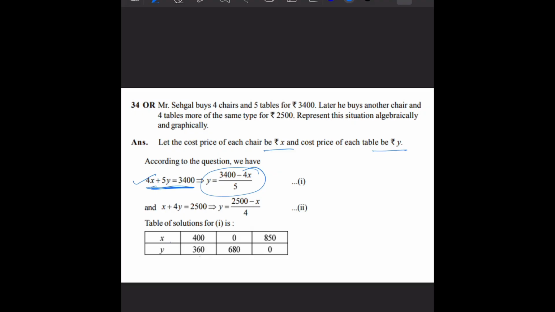For the second condition, he buys another chair and 4 tables more. So I'll write Y in terms of X. Let's solve this algebraically first. 4x plus 5y equals 3,400 and x plus 4y equals 2,500.